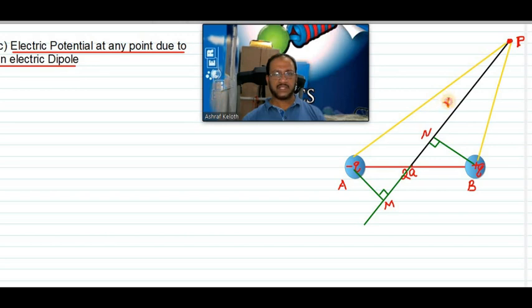So the point P is at a distance r from the center of the dipole, which means the black line is small r.